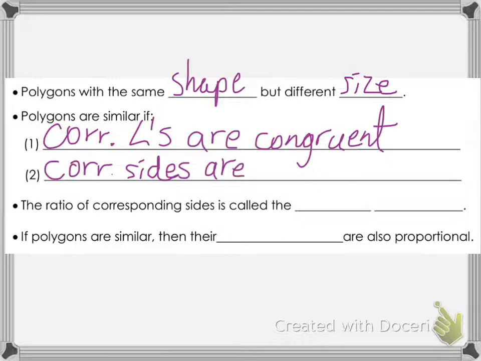are proportional. And we'll further explain this later. So the ratio of the corresponding sides, this is called the scale factor.